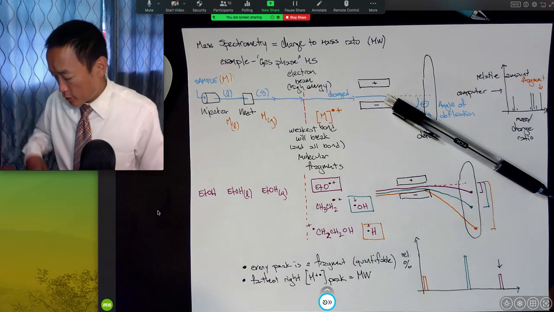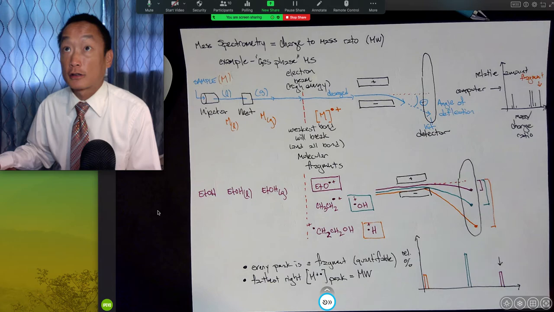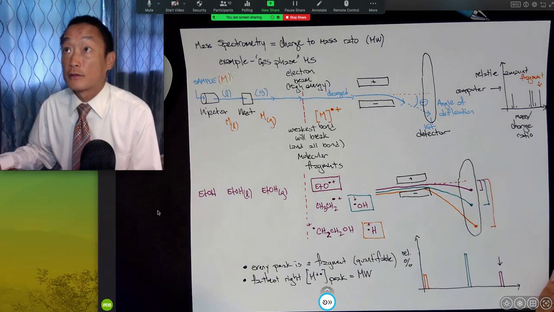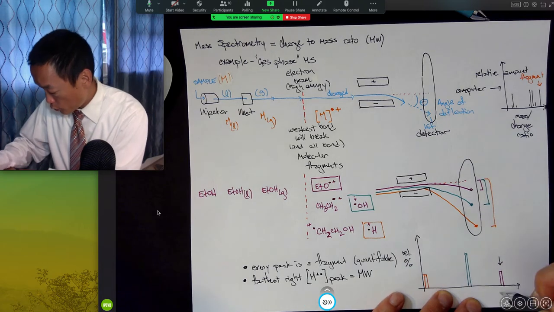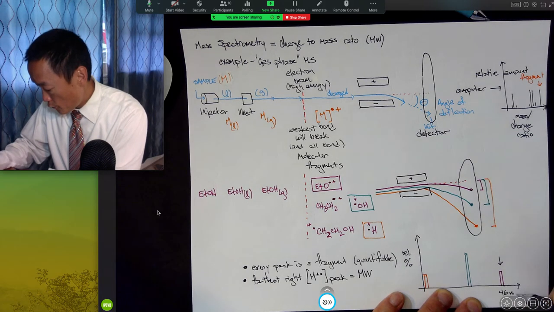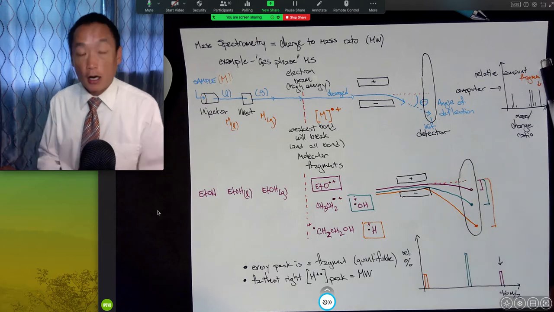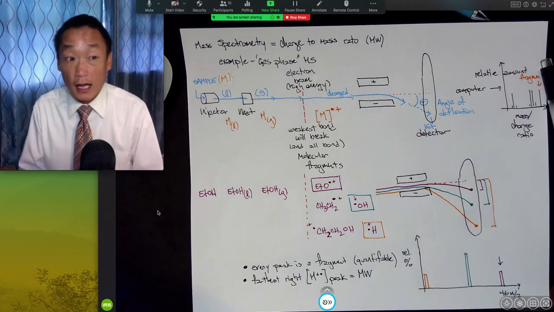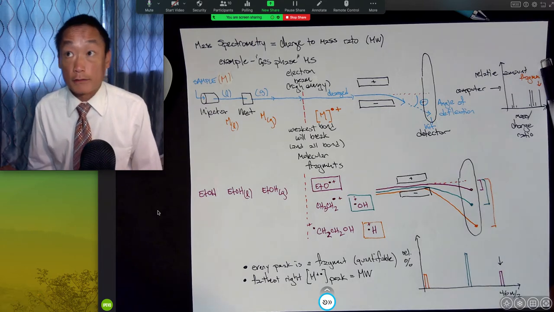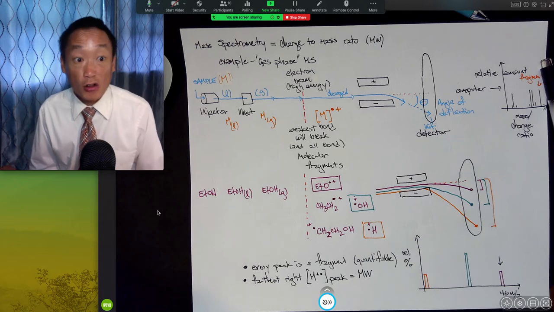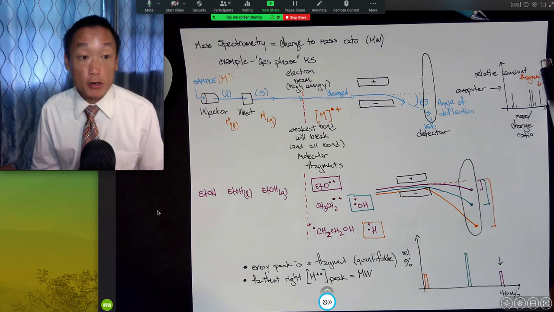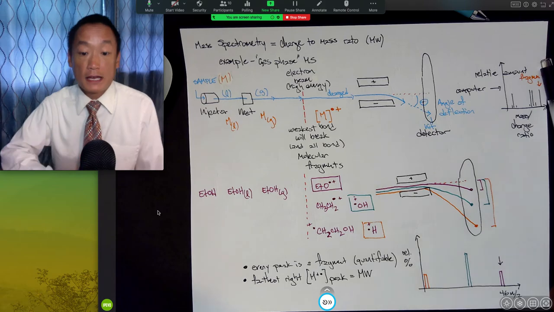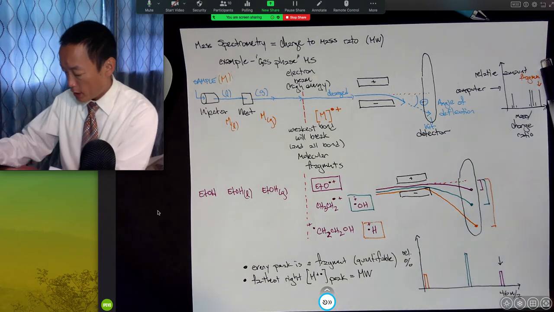Okay, and so if this 12, 24, 30, 46, 47, 46 M over Z, that would be what we would expect for, I think, ethanol, if I did all that math correct. Maybe that's the molecule's molecular weight.